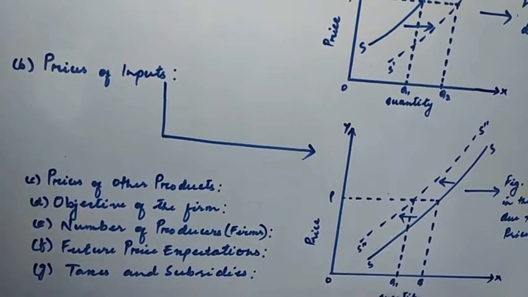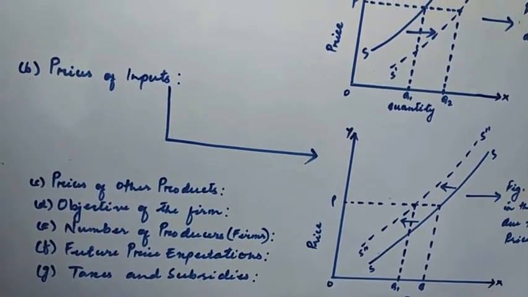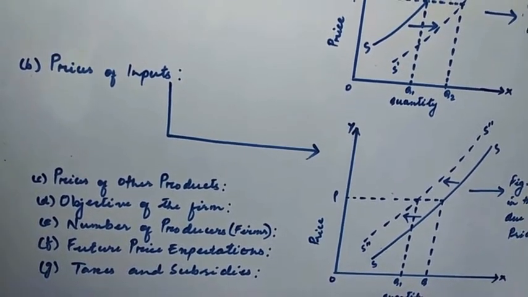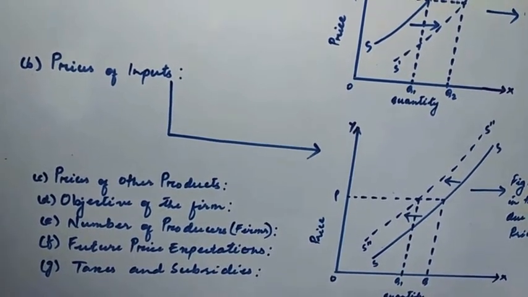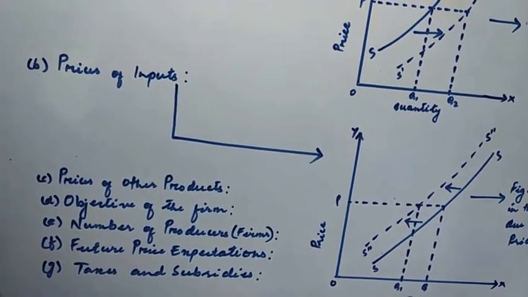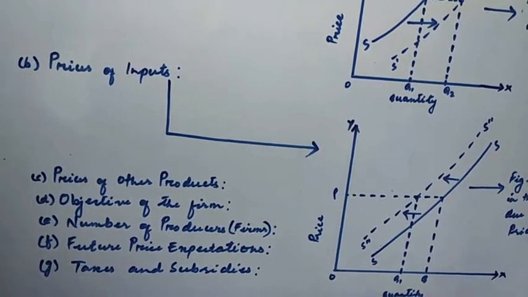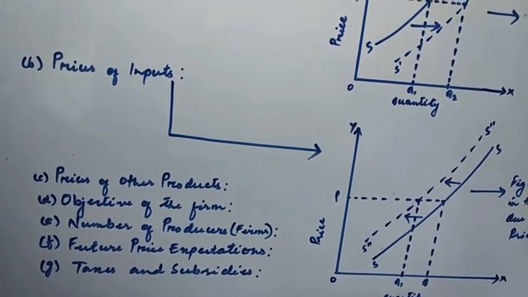So we are considering wheat and pulses. If the prices for wheat rise, then farmers will supply less of pulses, as they would withdraw some land and other resources from the production of pulses and devote that land to the production of wheat, because the price for wheat is higher than for pulses.